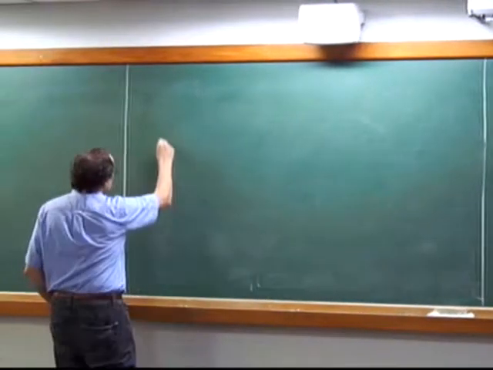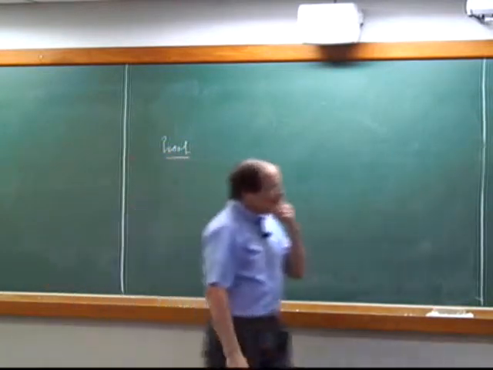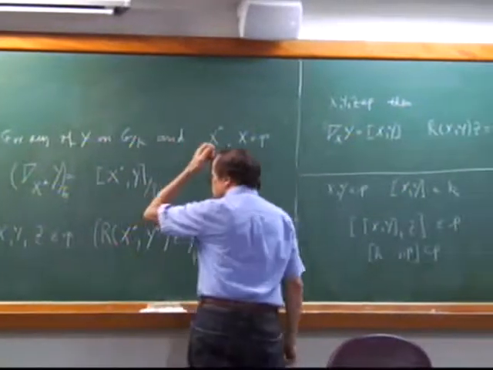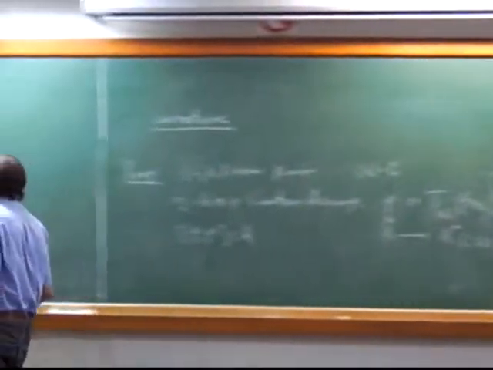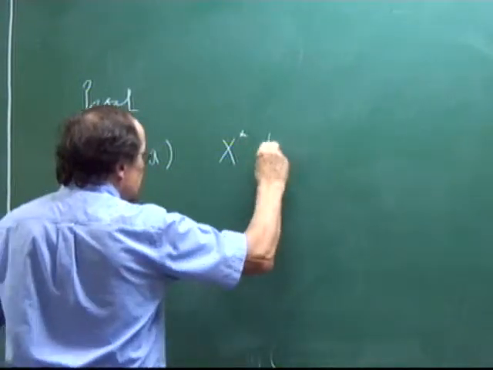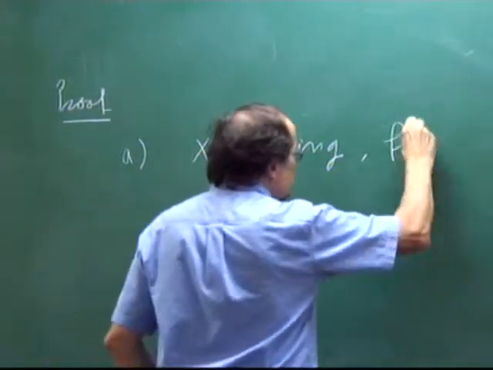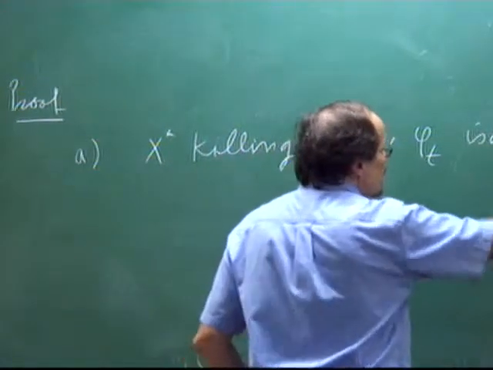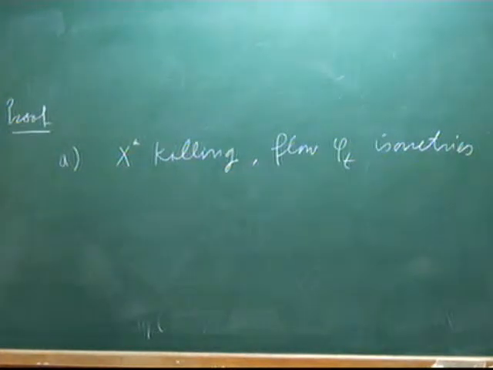Okay, so let's do the proof. So part A here, I use the fact that X star is Killing. That means the flow, let's call it phi sub t, is by isometries. What else do I know?